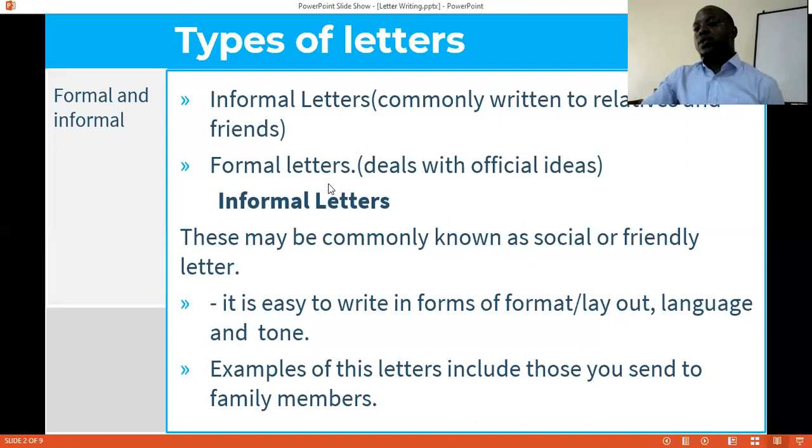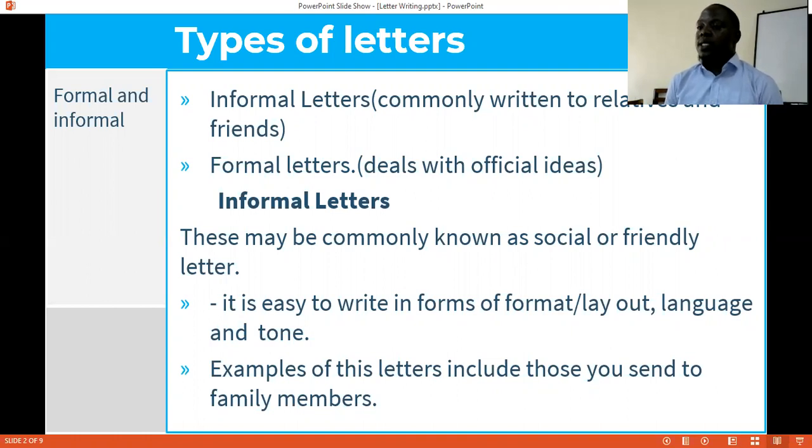So definitely we all know we have 2 types of letters. We have the informal letters commonly written to relatives and friends. They are also called friendly letters. And then the other one is formal letters, and it deals with official ideas of businesses. That's why they're also sometimes called business letters.